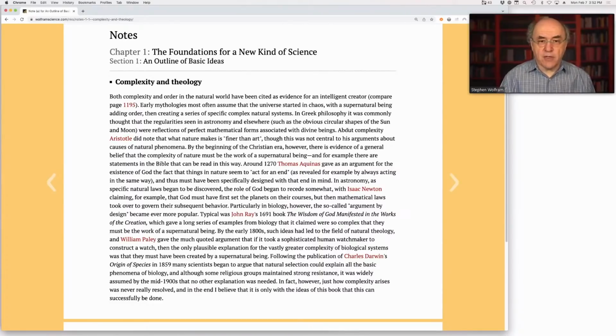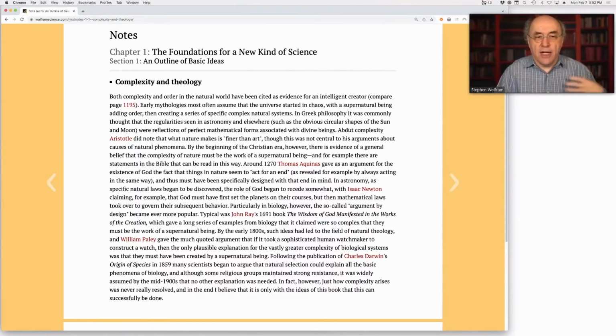Thomas Aquinas, 1270, gave a famous argument for the existence of God from the fact that things in nature seem to act for an end. For example, in respect to the fact that they always act in the same way, that there are definite natural laws that determine how things act.